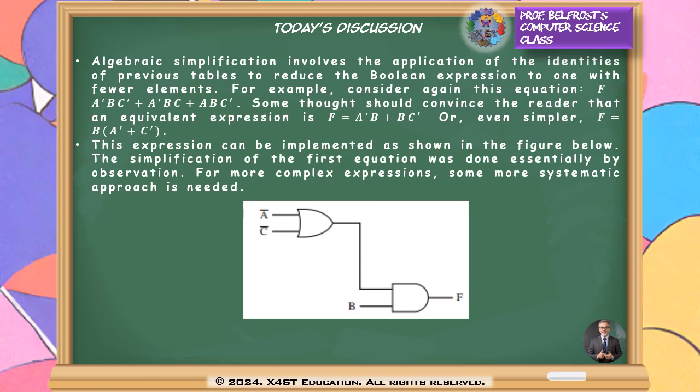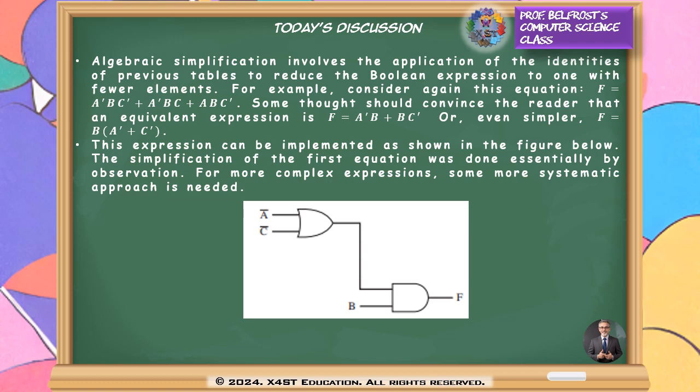You can factor out the b first from the first equation, so b in parentheses a' c' plus a' c plus a c'. And you find that a' c' plus a' c plus a c' is actually a' plus c'.